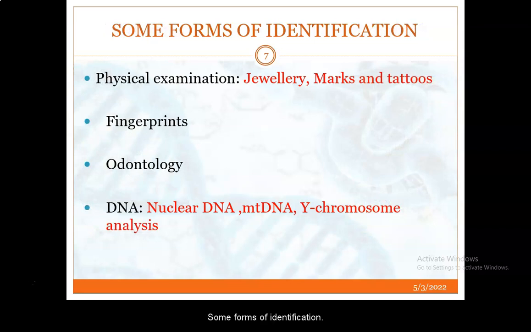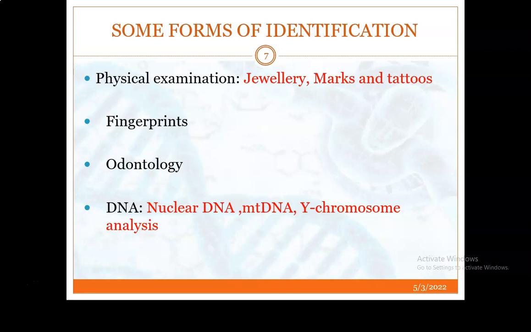Some forms of identification. One is the physical examination, using the jewelries, the marks, and tattoos, etc. of the deceased person, if the body has not been skeletonized. Or even if the body has been skeletonized and something like jewelries can be found, it is also a form of identification. Fingerprint is also another form of identification of a deceased body.